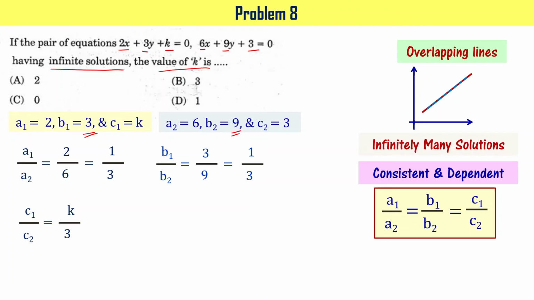It means we already have a1 by a2 equal to 1 by 3, that is equal to b1 by b2, and that has to be equal to c1 by c2, that is k by 3, right? It means 1 by 3 equal to k by 3. Since the denominators are the same, we can simply compare the numerators. That's why we can say k equal to 1. So this is the solution. k equal to 1 is the value. So choice D is the answer, right?